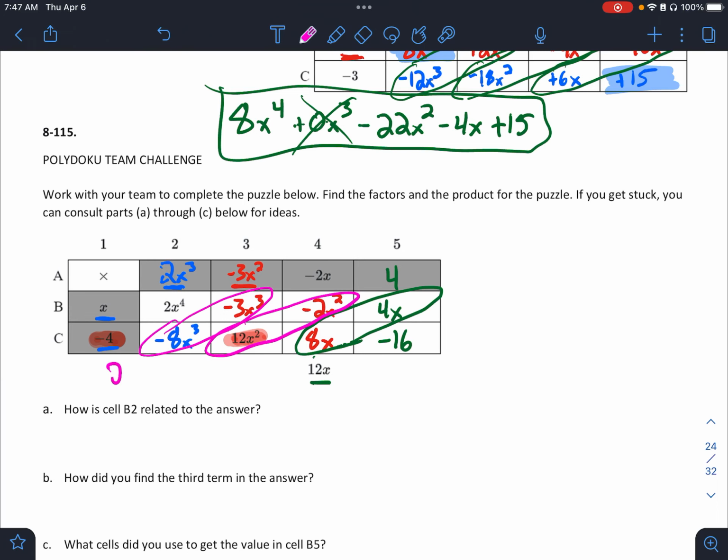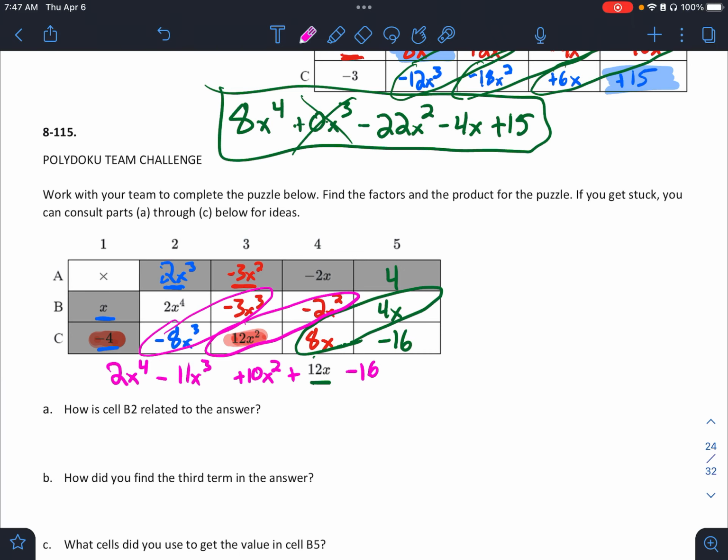I have 2x to the fourth minus 11x to the third plus 10x squared. I should have plus my 12x minus 16. Okay?